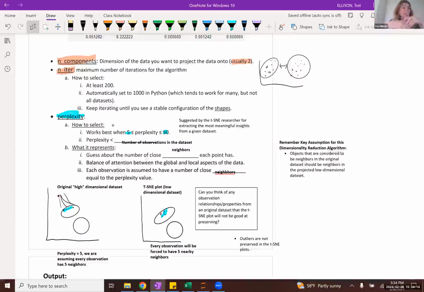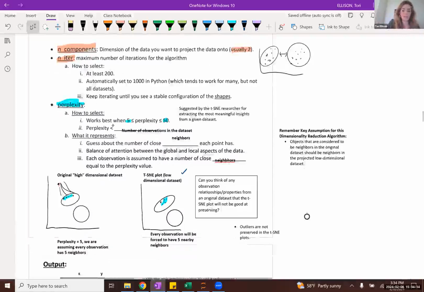For instance, if our perplexity is 5, it finds roughly the 5 nearest neighbors of a given observation in the original data set, and forces them to be close to those corresponding nearest neighbor points in the TSNE plot coordinates.